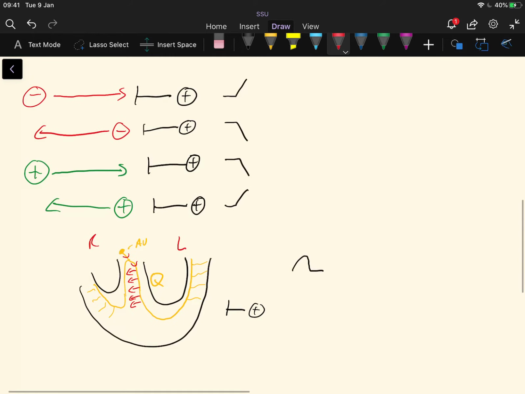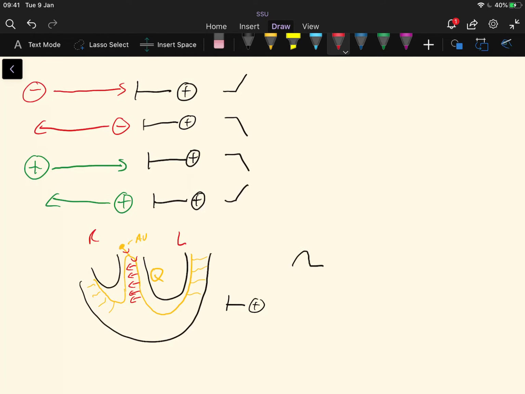Now, as we said before with this diagram here, if we have depolarization, which is negative charge, remember, moving away from a positive lead over here, we get a downstroke. So the Q is down. We get a downstroke here.